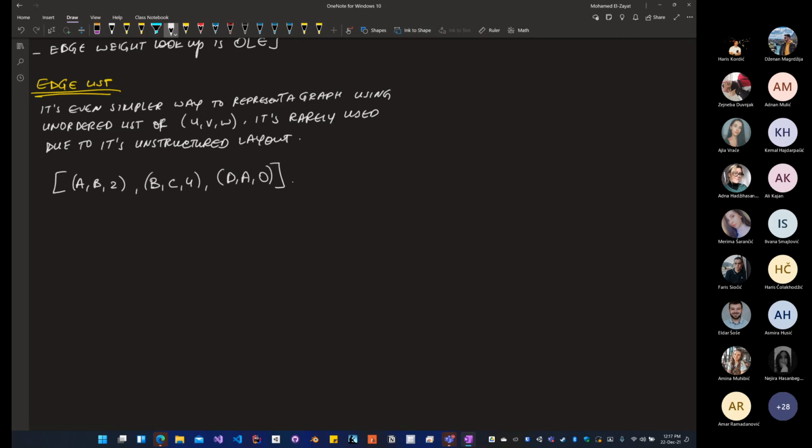It really depends on how you look at this problem. Edge list actually exists, but it's rarely used in terms of mapping, like maps and other applications. It can be used in completely different applications than the ones which people are used to.